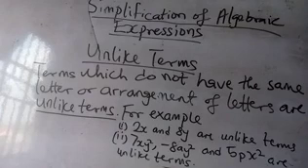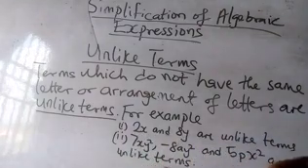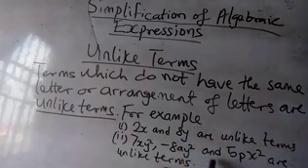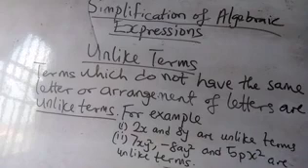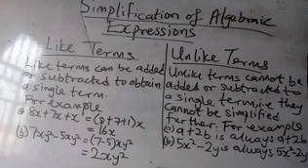Take for instance, 2x and 8y are unlike terms. 7xy squared, minus 8y squared and 5px squared are unlike terms. No likeness at all.